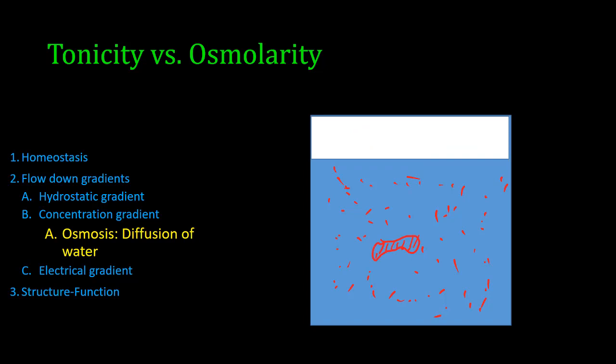So in this case, as soon as we dump the red blood cell into solution, these red molecules are going to cross the cell membrane down their concentration gradient until the concentration of red molecules inside the cytoplasm is equal to the concentration out. What this means is the solute concentration inside the red blood cell increases. As that happens, the osmotic pressure exerted by the cytoplasm increases and water rushes into the cell. Eventually, the cell will burst.